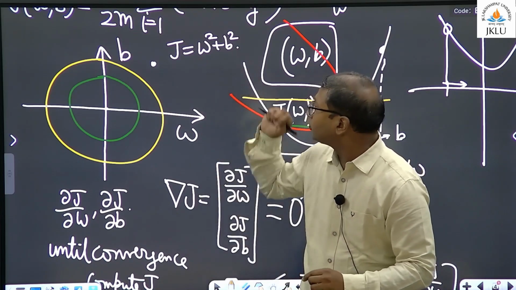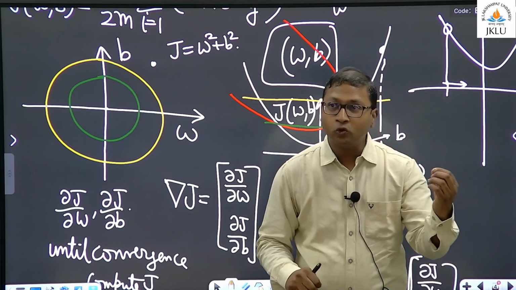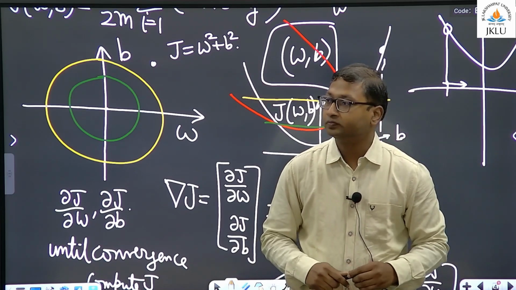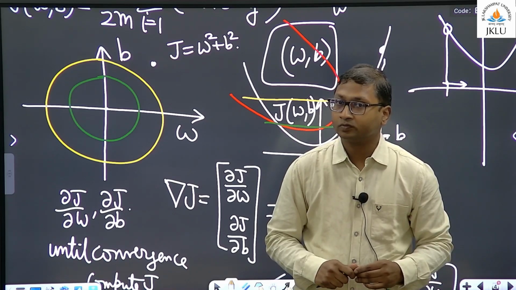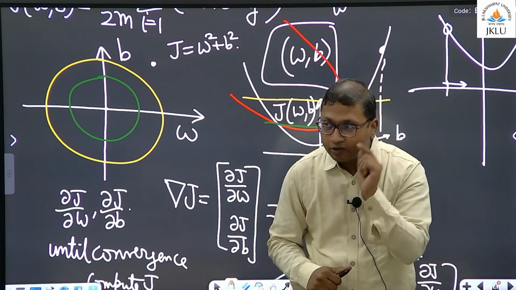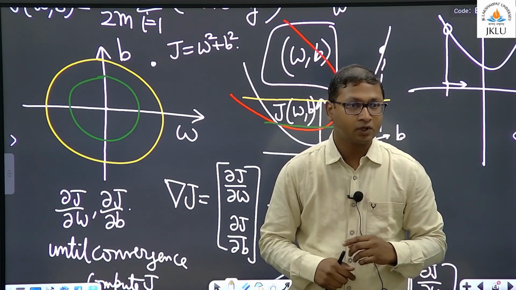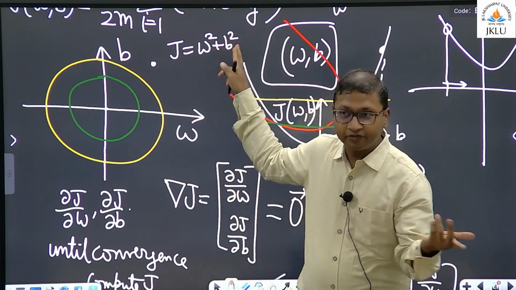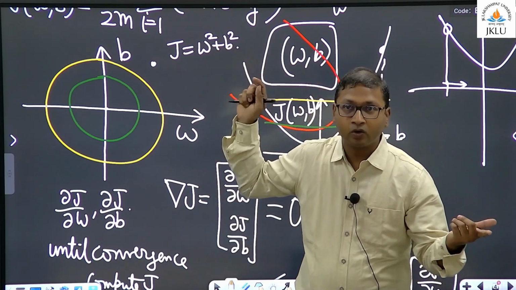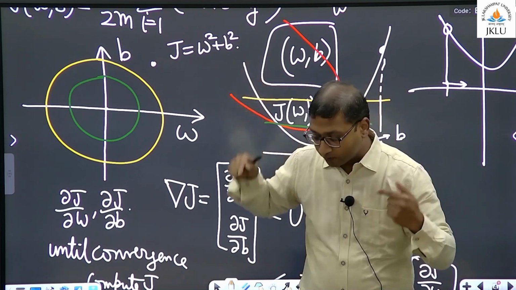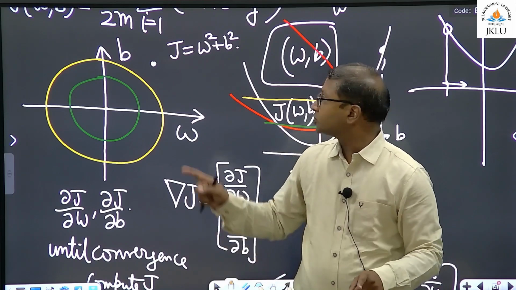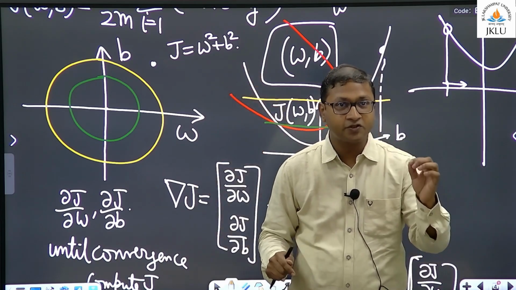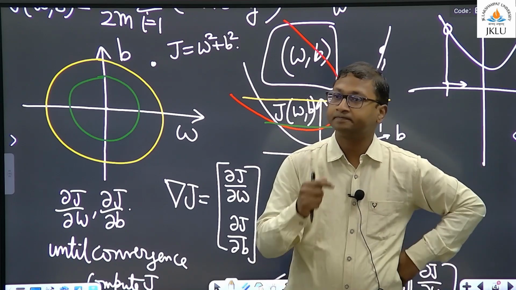Let's say I move to the point root 2 comma root 2. What will be the value of J there? W square plus b square, so basically 4, right? Now, where on the same plane w and b should I go so that my value of J is 4 for all the points?